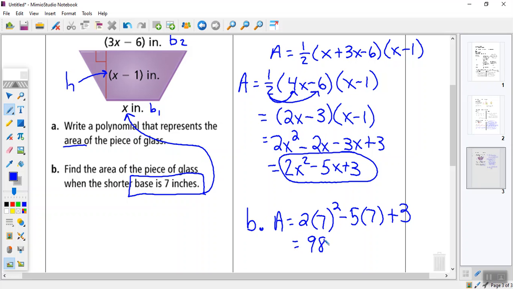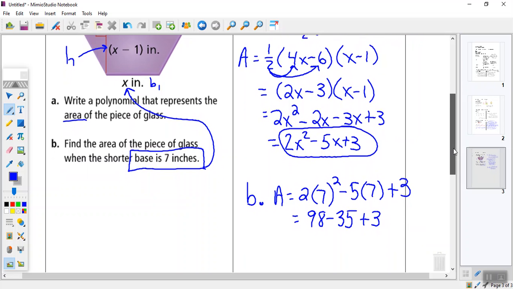Minus 5 times 7 would be minus how much? 35. Plus what? 3. Okay. Help me do some arithmetic. 98 minus 35, please. 63, good. And then 63 plus 3 more. 66. 66, yes, the area of this is 66 square what? Inches. Yes.